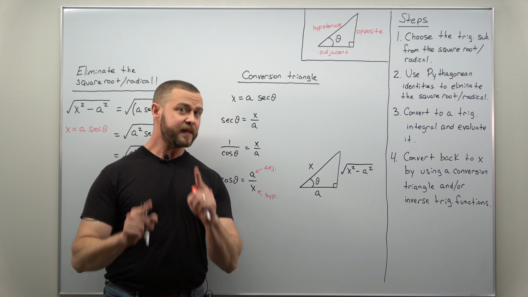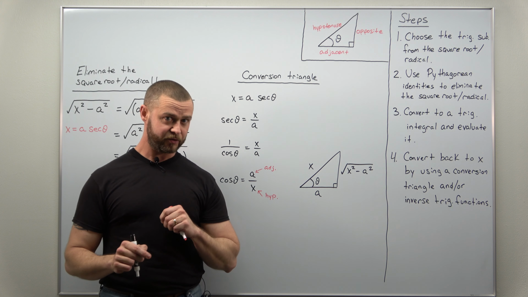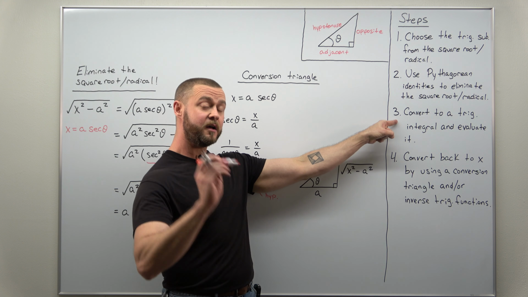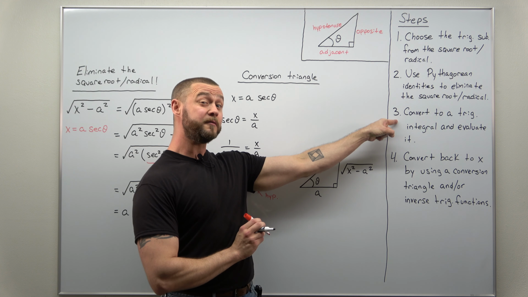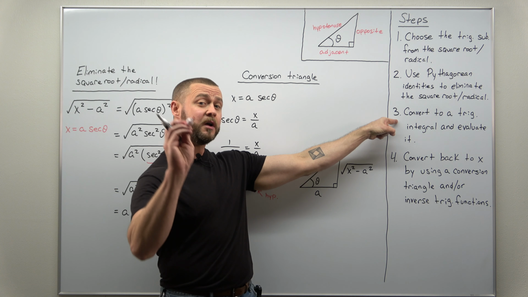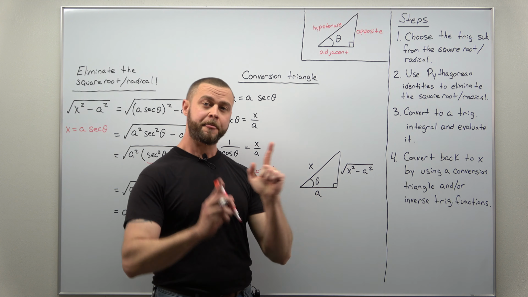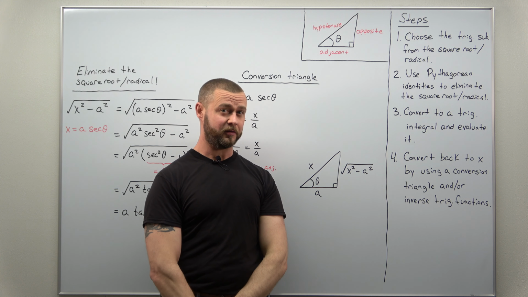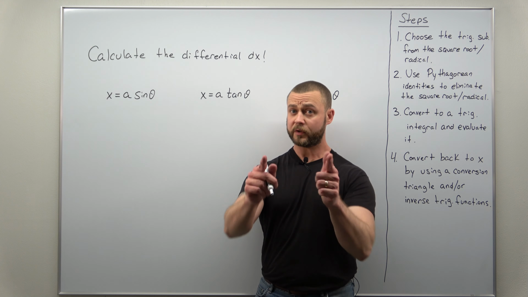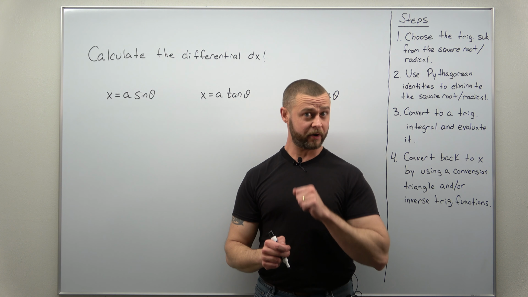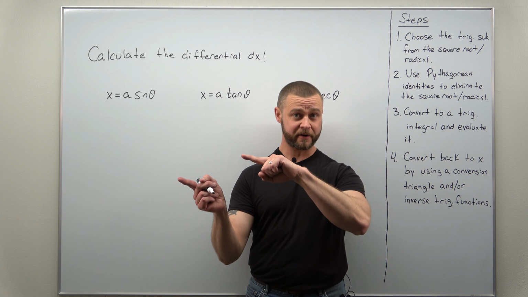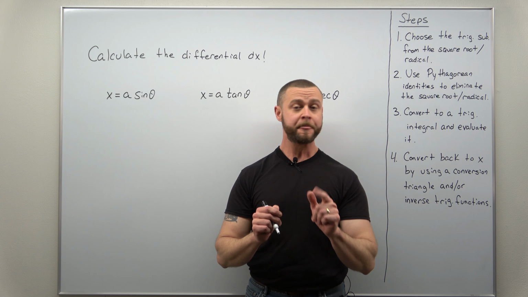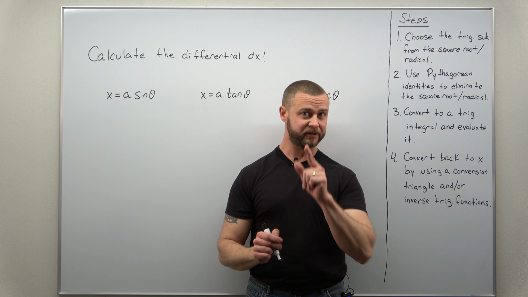The very last thing that we need to get to, which we'll get to in the next part, is how we convert everything from an integral involving radicals or square roots to a trig integral. We're making a substitution. We need to calculate a differential. The last thing that I want to point out, which we're going to need for step 3, converting from the original integral to a trig integral, is for each substitution, we calculate the differential dx.